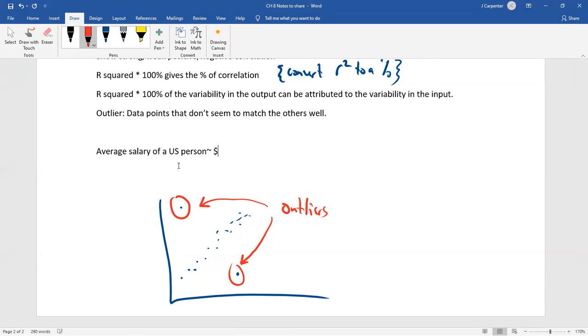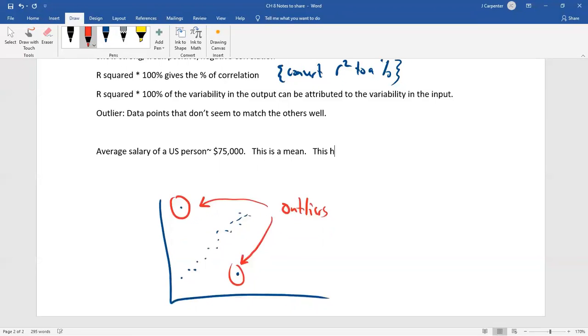Let's just say it's $75,000. And you might go, holy cow, how is the average person making $75,000? That's because this is a mean. This is literally an average of adding up every single person who makes money and the people that don't make money, dividing by the number of people, and that's what we get, $75,000.